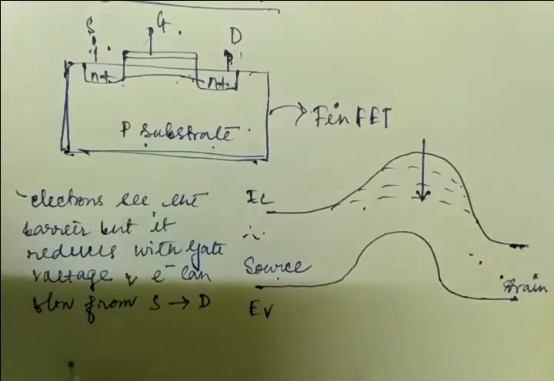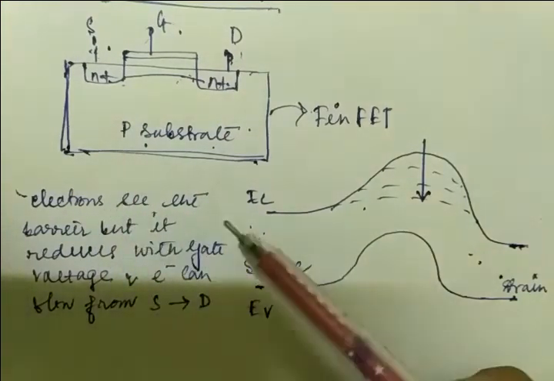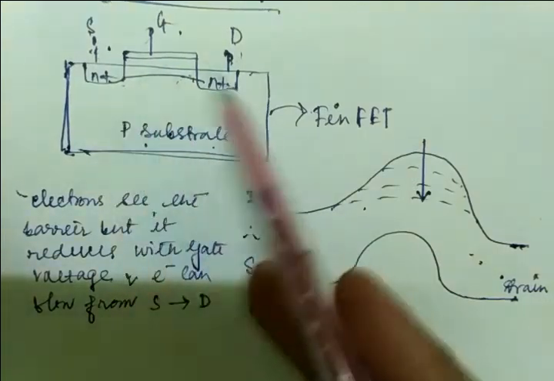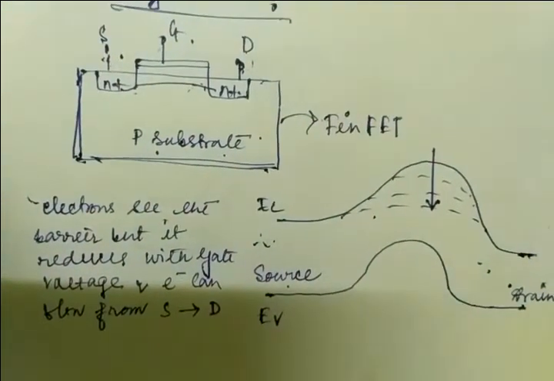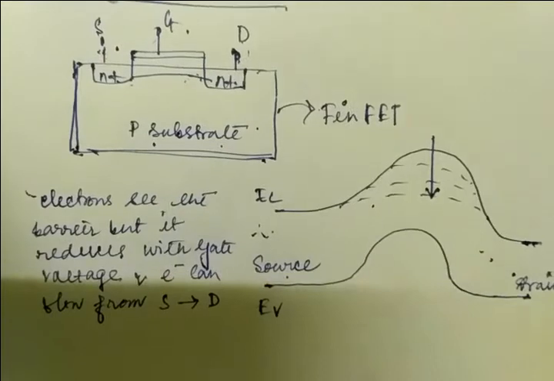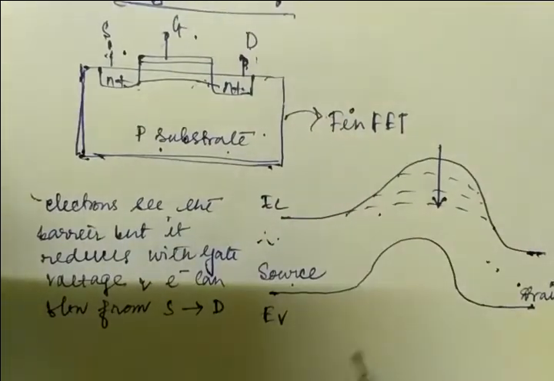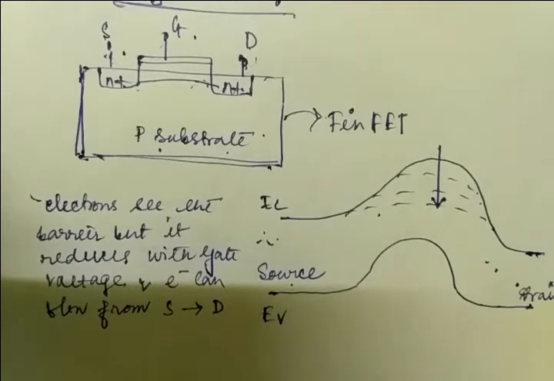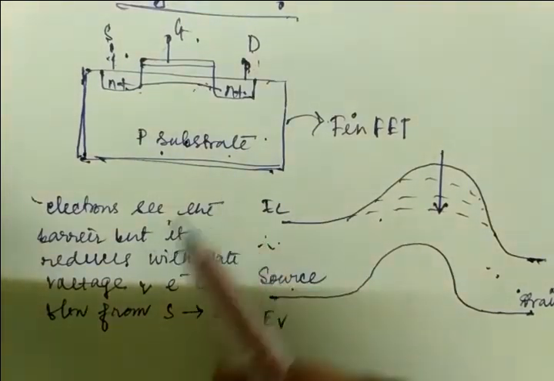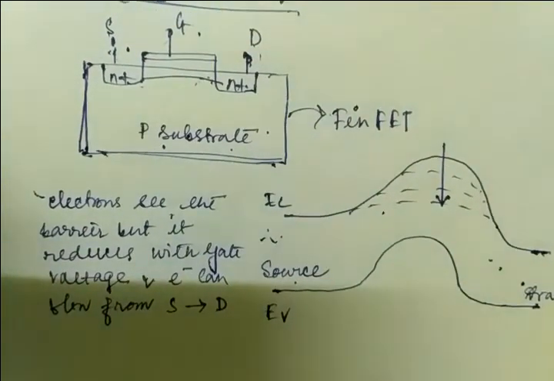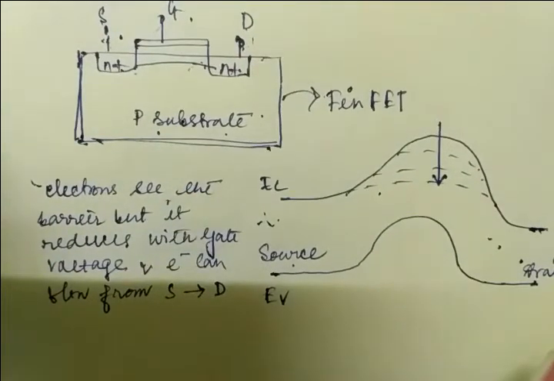And because of that, if we increase the gate voltage, channel formation will take place, because this is under the control of the gate voltage. That's why whenever the gate voltage is increased, the channel formation will be there, nothing else, right?